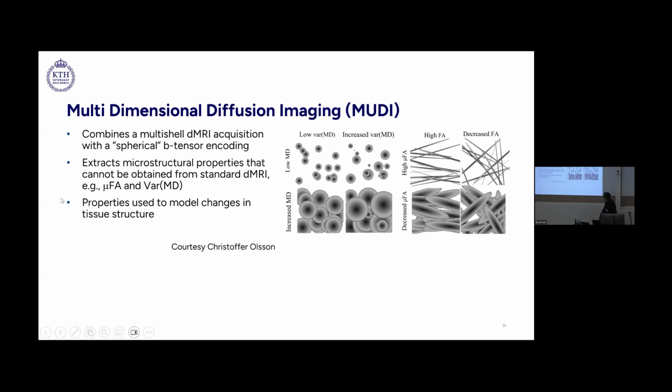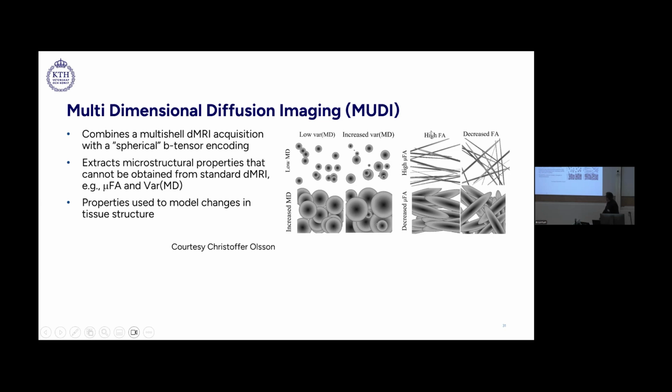So you can see here differences. If you have a low variance of MD, and this is a low MD, then you can see that all circles here are kind of similar. And here are big bubbles that are similar. But if the variance is bigger, then you have, let's say, compartments that are of different sizes here and here as well.